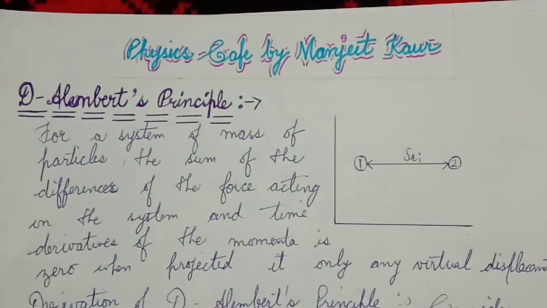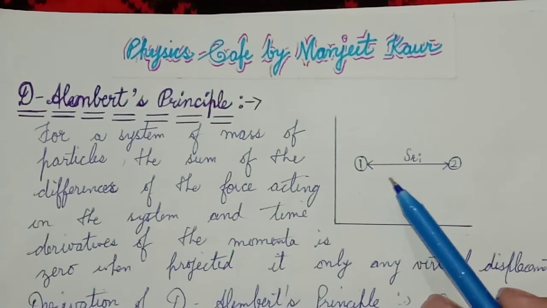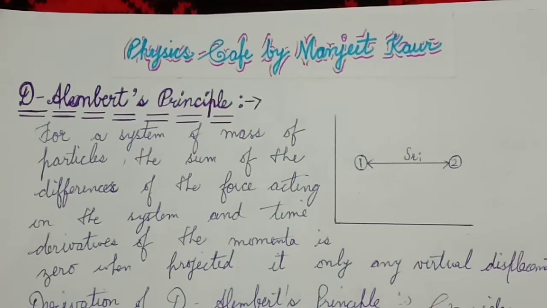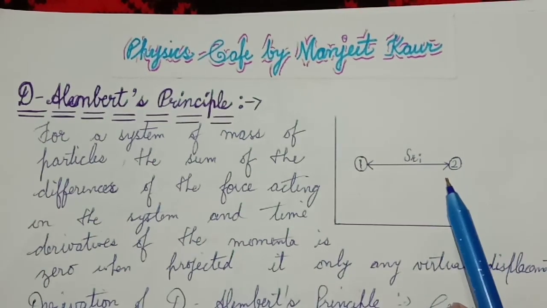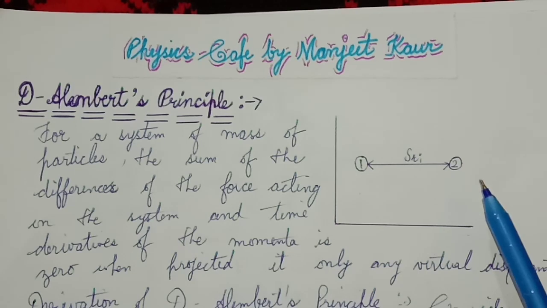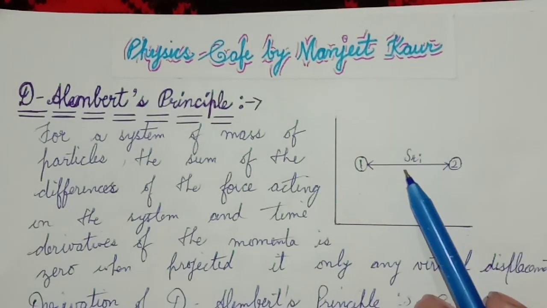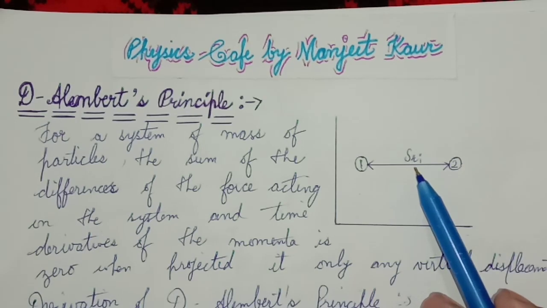When the system is in equilibrium, then the force acting on that particle will become 0, so constraint force will become 0. And in the second case, when the particle moves some distance, then we get the difference of forces and change in momentum. Then we get the value of delta r_i, which is virtual displacement.